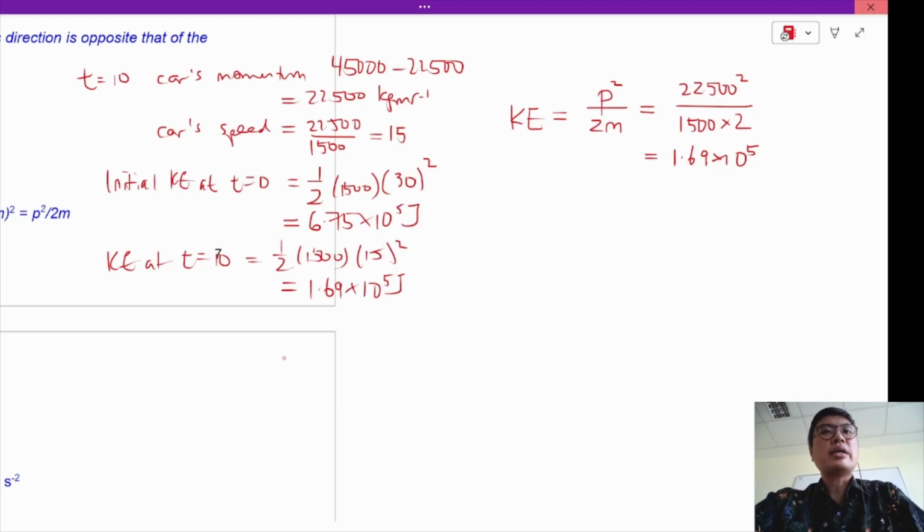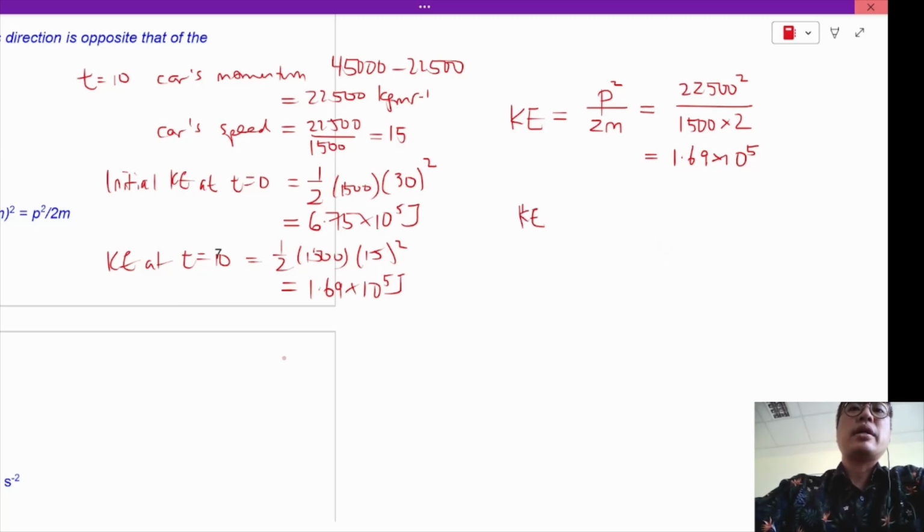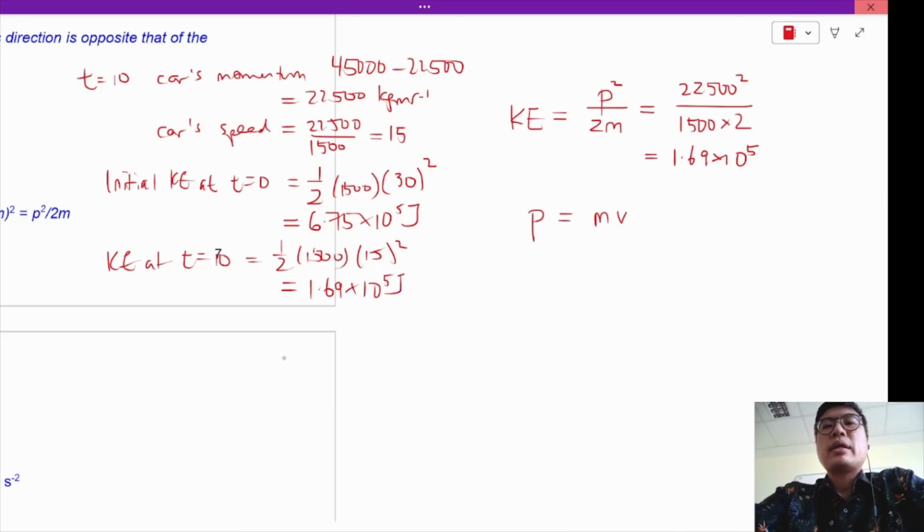Now, why is the kinetic energy equal to the momentum squared divided by 2 times the mass? The reason is as follows. Let's talk about momentum. Momentum is mv. Now, let's square it. So momentum squared will be m squared v squared. And then let's divide it by m.